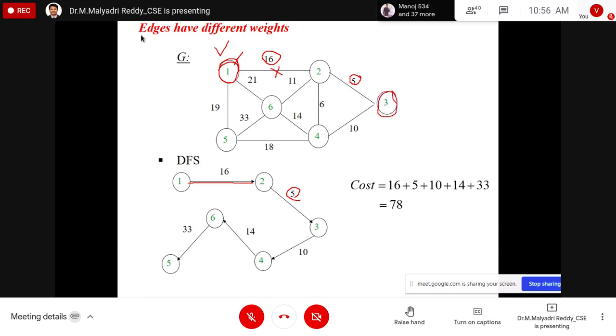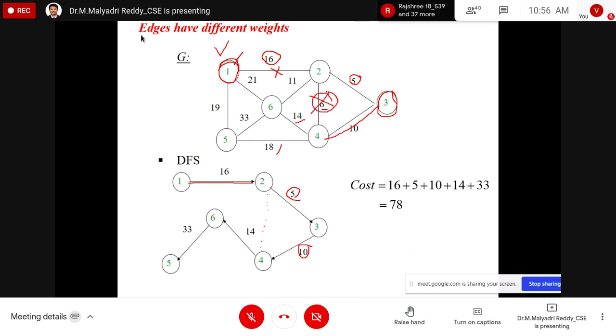From 3, only one edge is there, so the movement goes to 4. From 4, 3 edges are there: 6, 14, 18. But 6 is small. Suppose I prefer this one, there is a chance for a loop to occur, so this one is discarded.